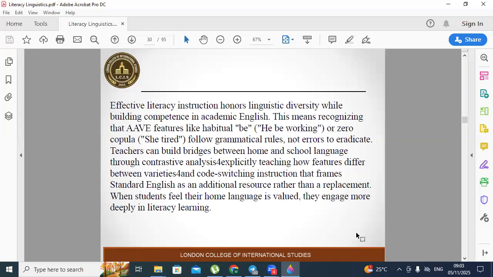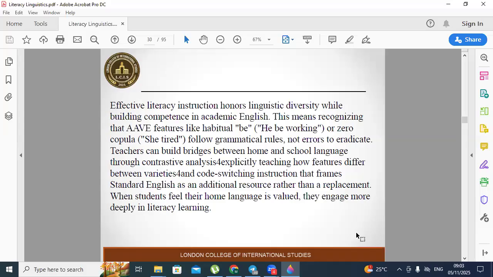This might mean displaying posters celebrating different dialects, reading books featuring diverse language varieties, and having explicit discussions about how language varies and that all varieties are valid for communication in their contexts.